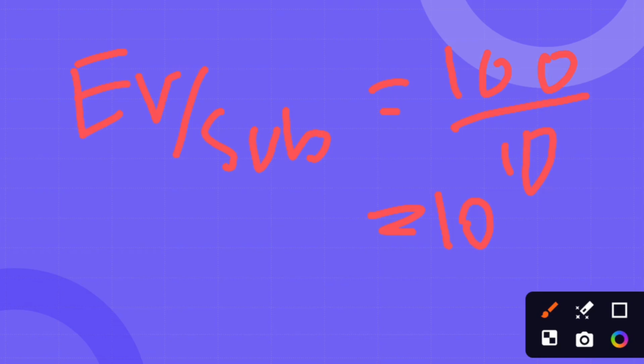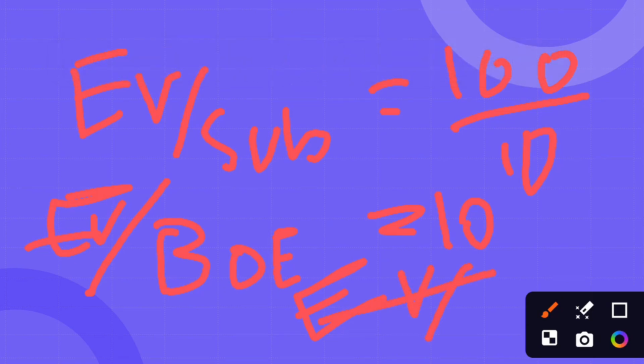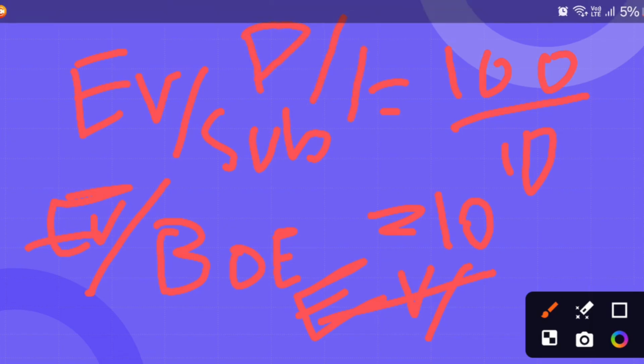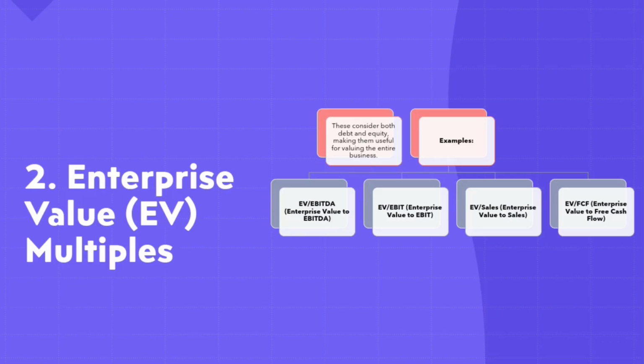So it should be equity value or enterprise value by subscribers, or you can say enterprise value by barrel of oil equivalent, and price to net present value, sorry, not net present value, I made a mistake.